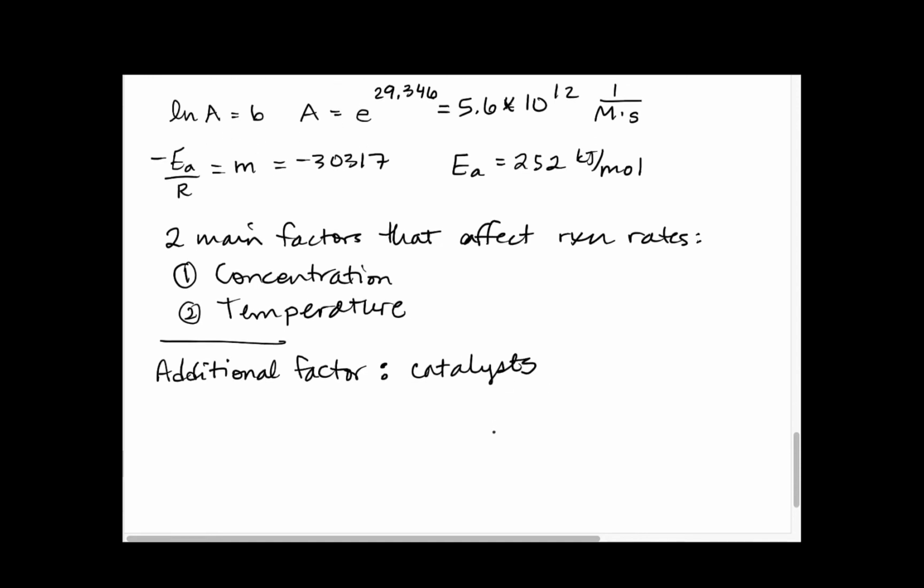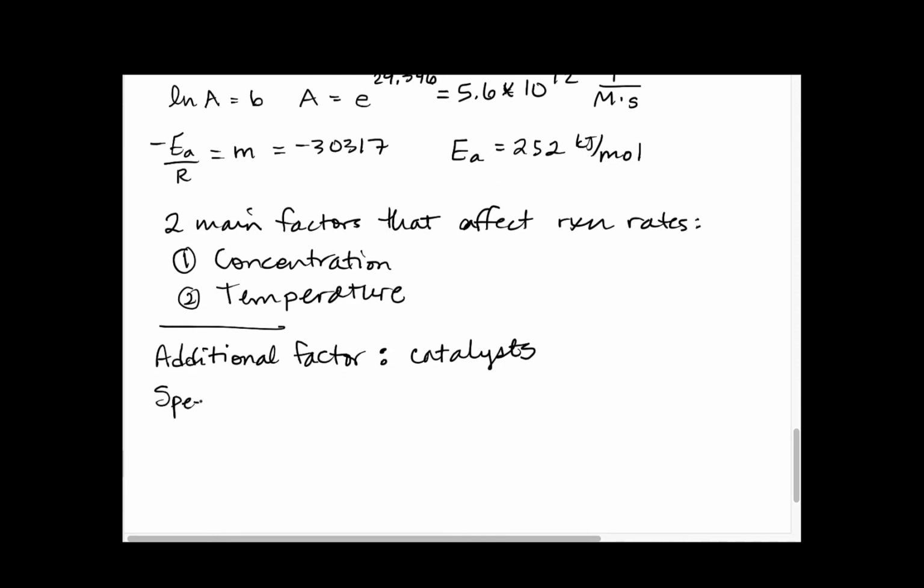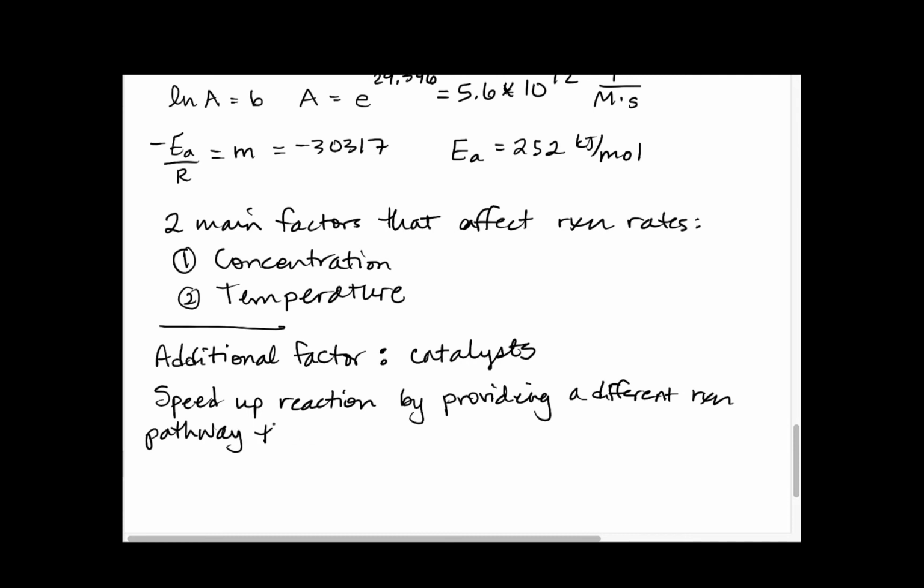And catalysts are a special material that speed up the reaction because they provide a different reaction pathway that's lower energy. So they make the reaction go faster. We're going to see catalysts coming in as we start talking about decomposition of ozone.